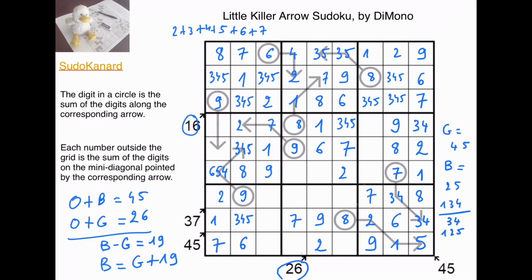And then 8 goes there. 3 goes here, 4 goes here. This is not a 4. This one is a 6, that's a 1, that's a 5, which resolves the 3, 5 pair on the top. Oh, everything falls into place.